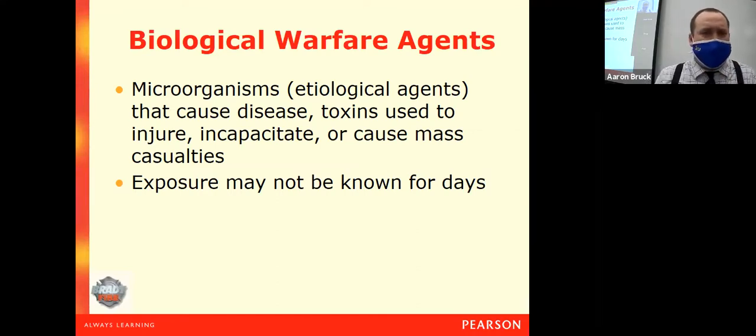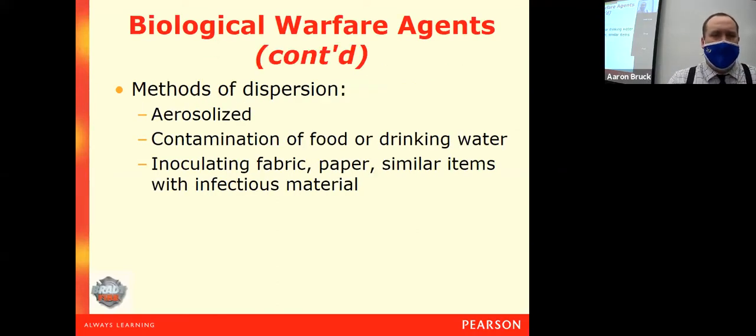What are some common examples of these? Well, before we get to that, how would these be distributed? That would be method number 3. You inoculate fabric, paper, or other items with the infectious material.